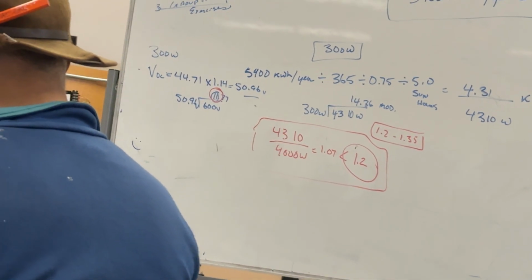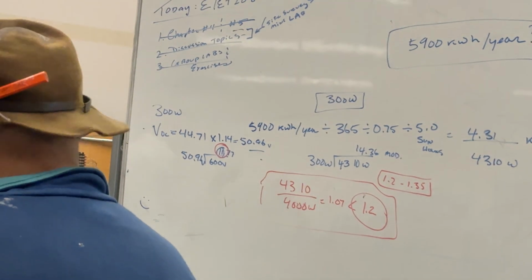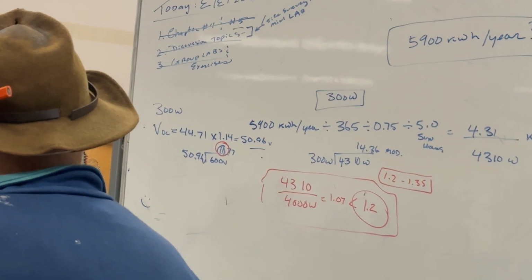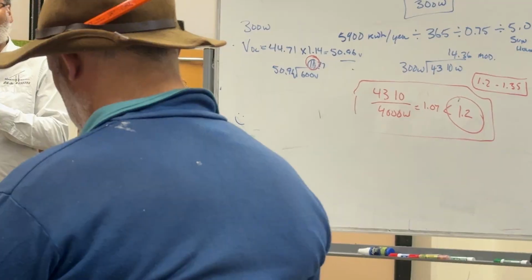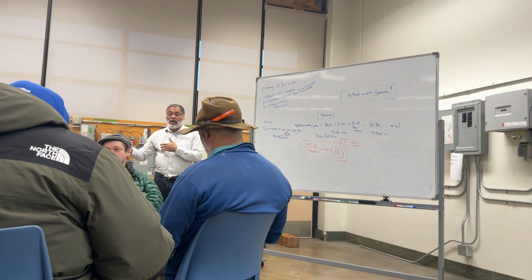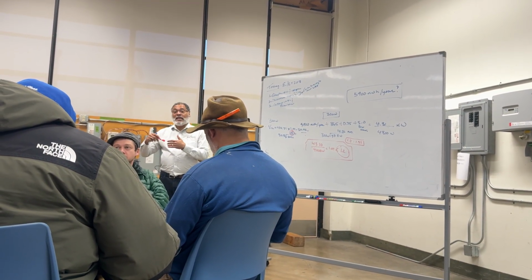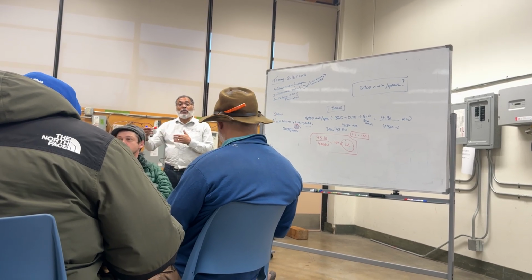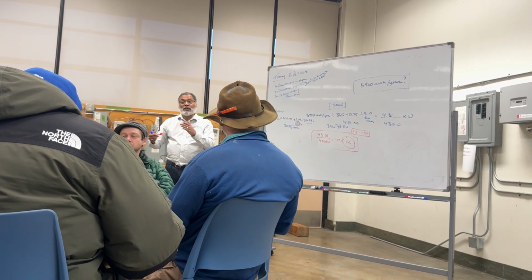Okay, all right. So the question is, if you have 11, but you really want 14, can I make another string with additional modules? And the answer is yes, if it's on the same maximum power point track, you have to have the same number of modules, 11 and 11.